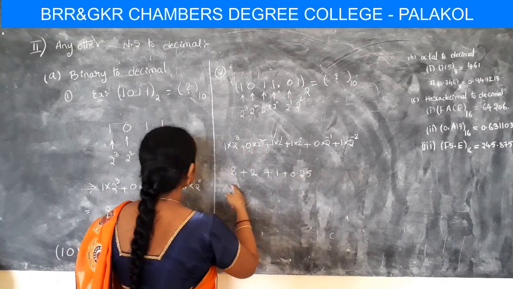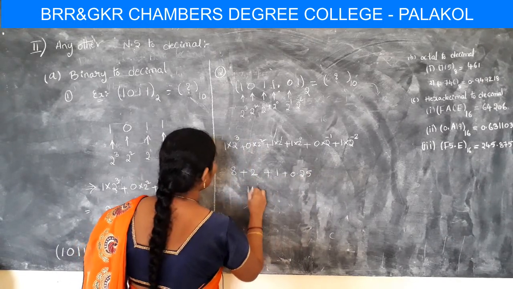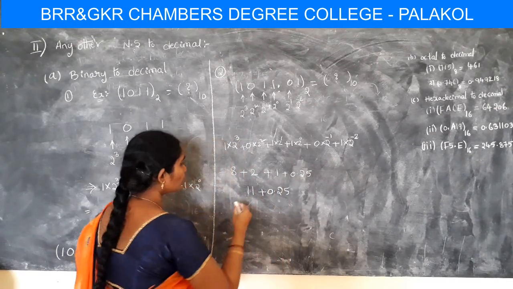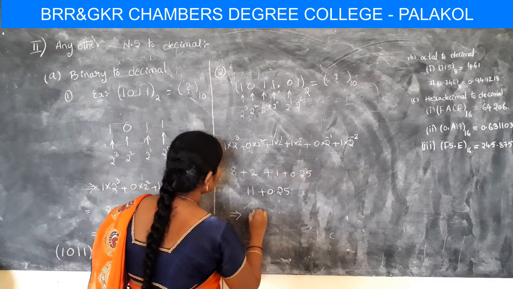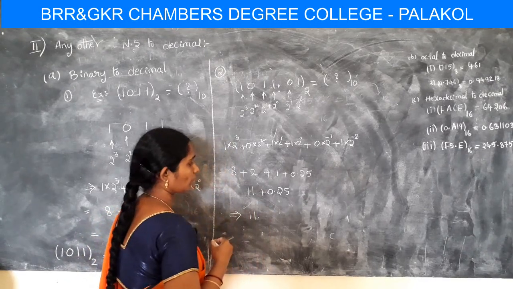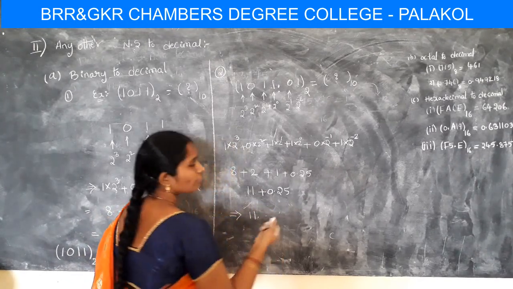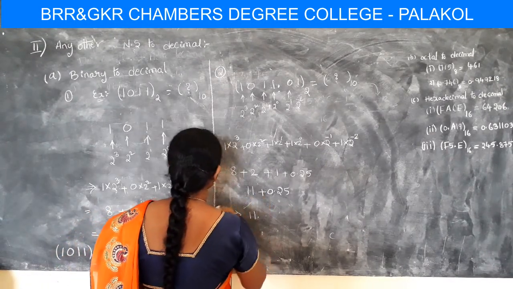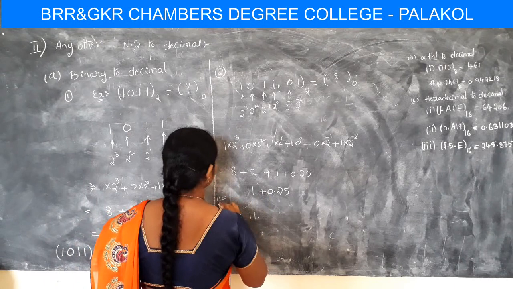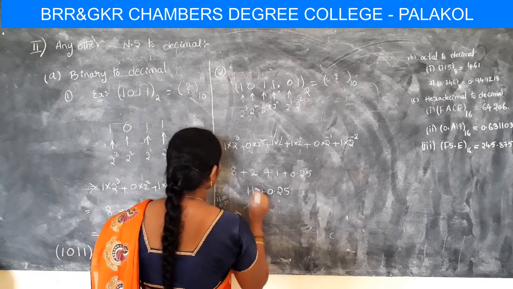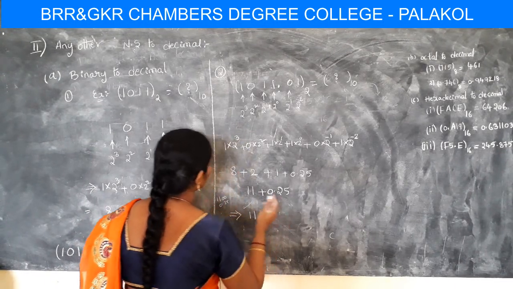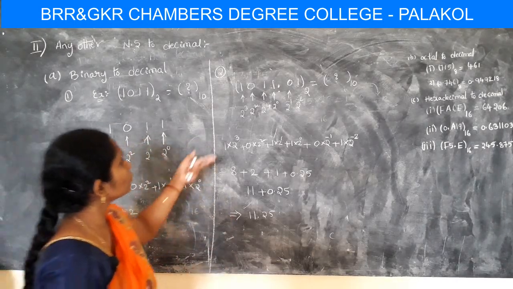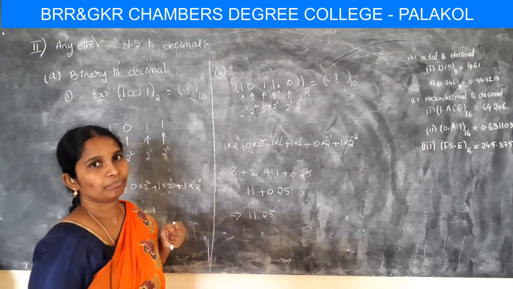Okay. We will add this number, this is 11 plus 0.25. Okay. Therefore, the final answer is 11.25 here. Okay. So, this is the final answer for this value.